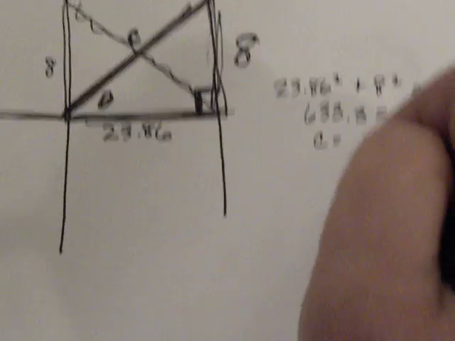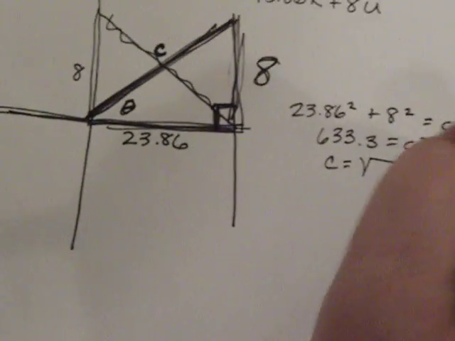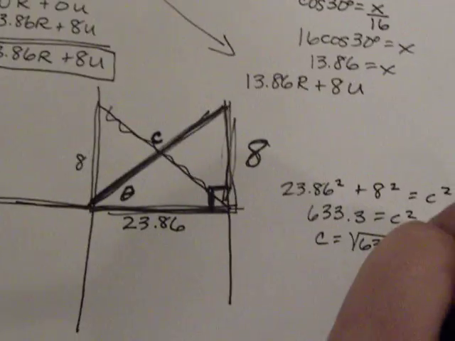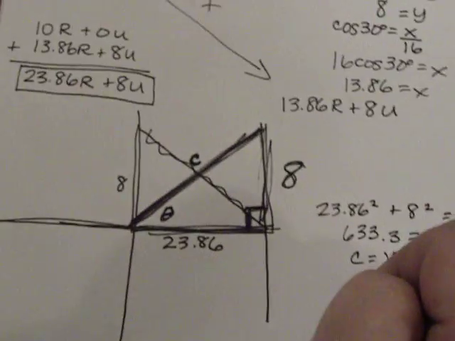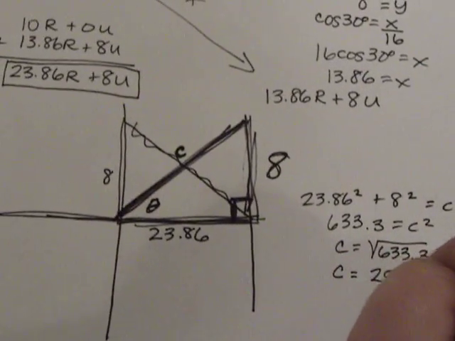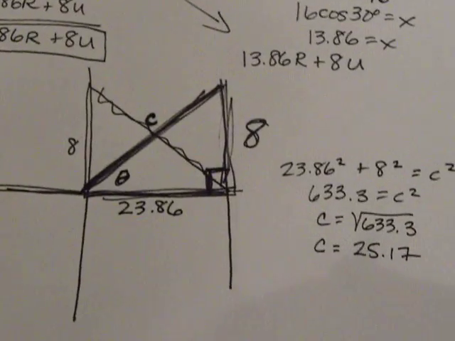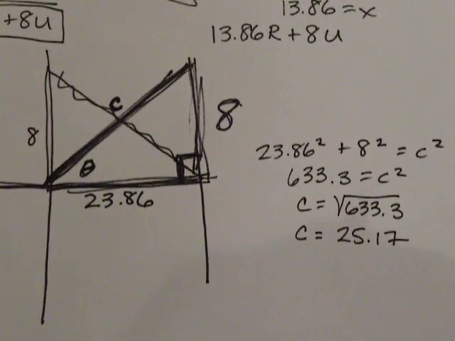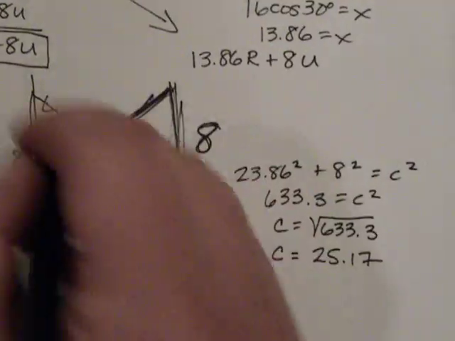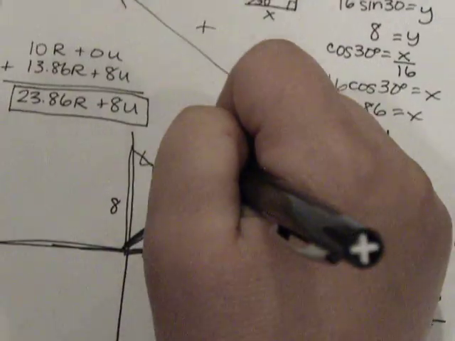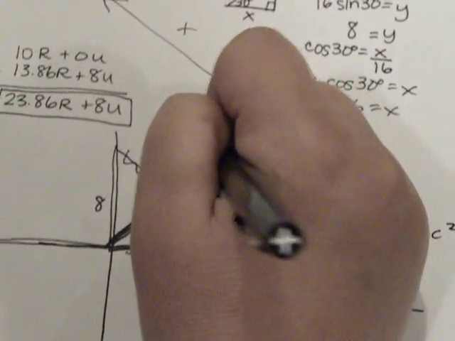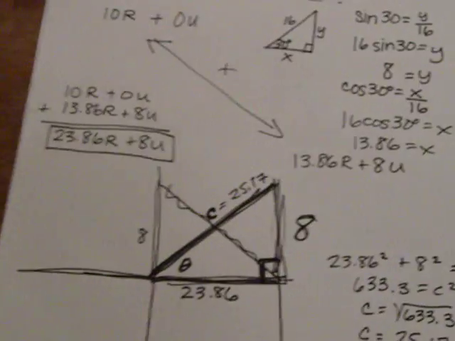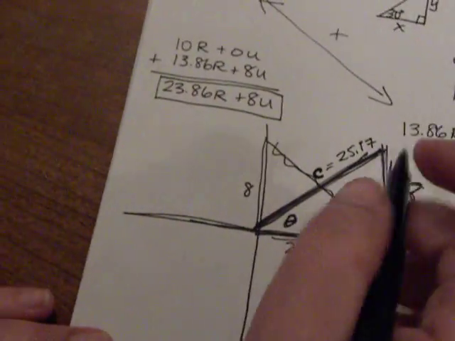So C equals the square root of 633.3. So in other words, C equals 25.17. Okay, so that means our hypotenuse is 25.17. So the force that's actually being acted on is 25 units long.